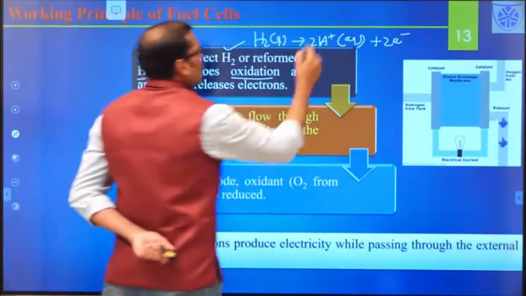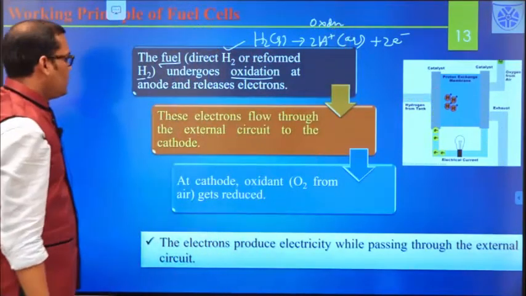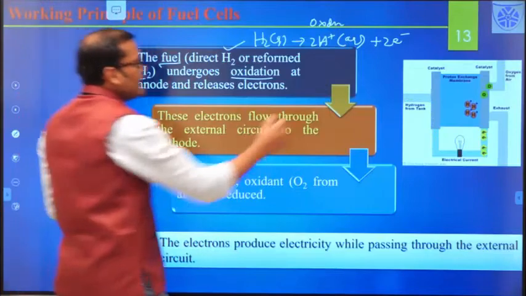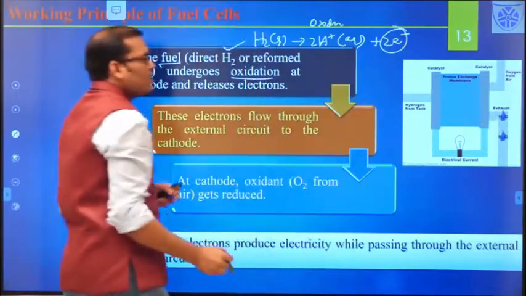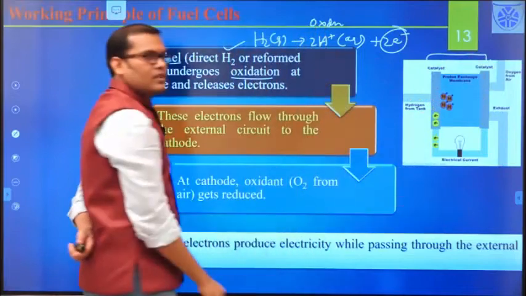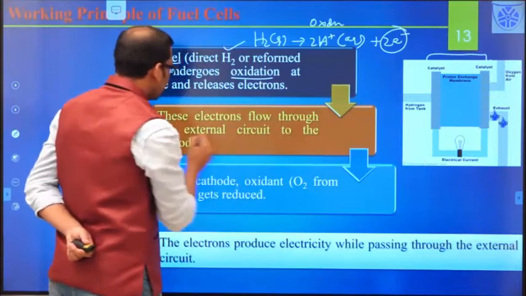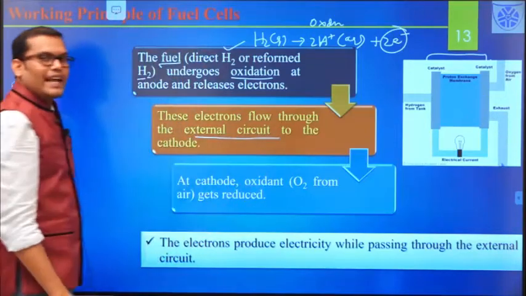That is the oxidation process at the anode. Next, these electrons will come out from the anode to the cathode through the external circuit. These electrons flow through the external circuit to the cathode.